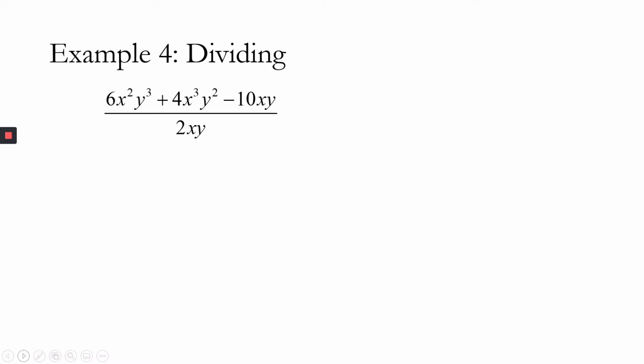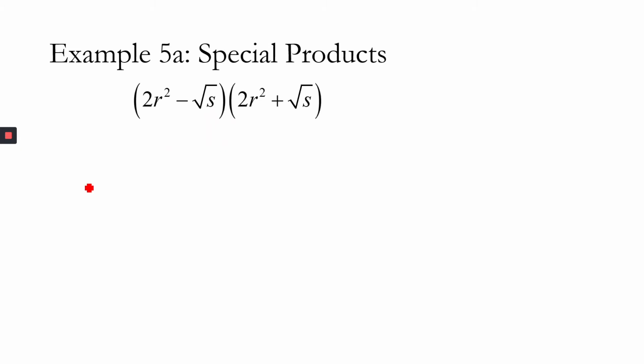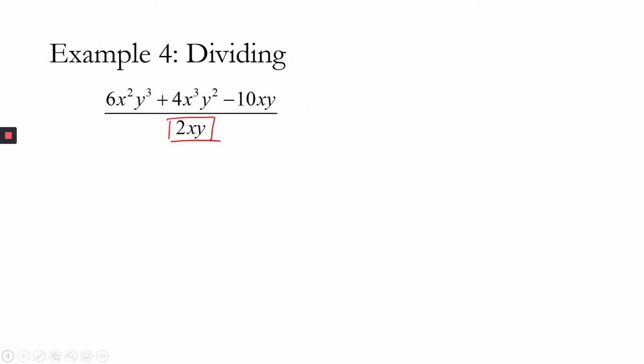All right, next, when we divide, we talked about basically just making fractions. So we're going to take everything from the numerator and put it over the denominator, and then we'll reduce. Because there's 3 pieces in the numerator, I'm going to have 3 individual little fractions.